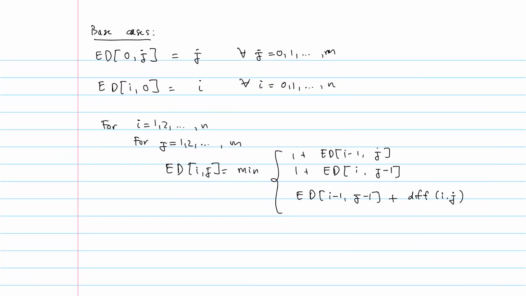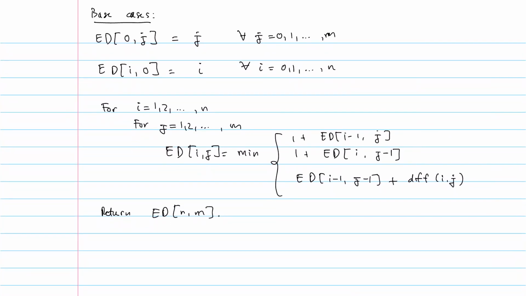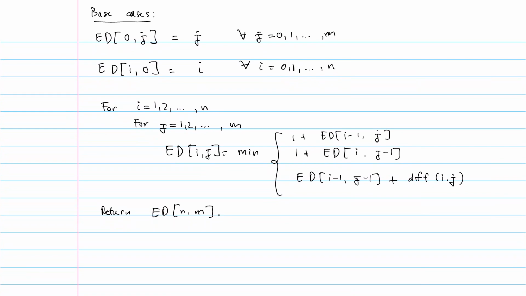And finally, we simply return ed of n and m, which is the edit distance between the whole string A and the whole string B.